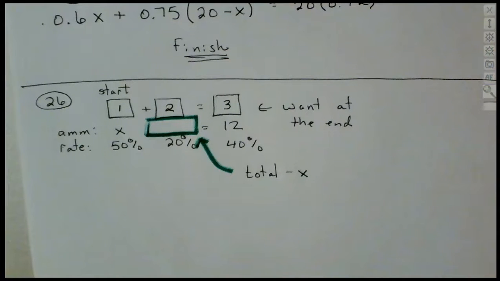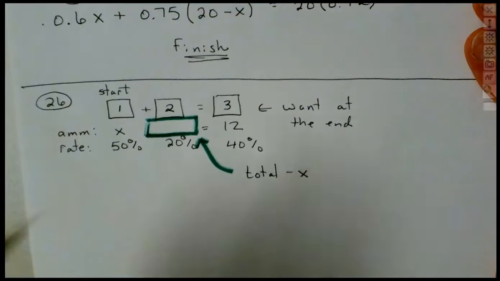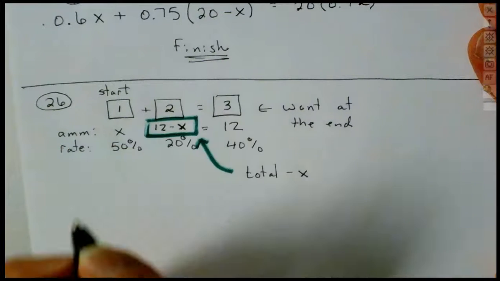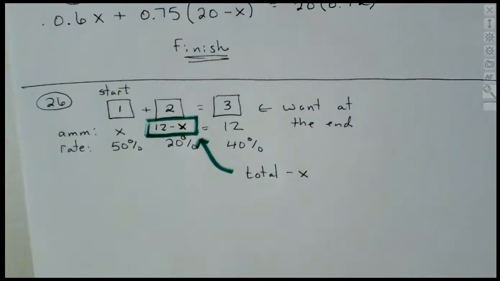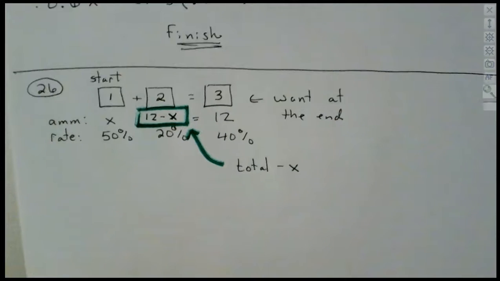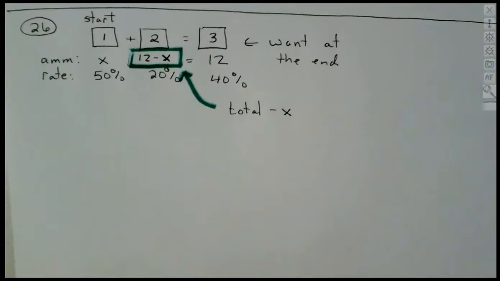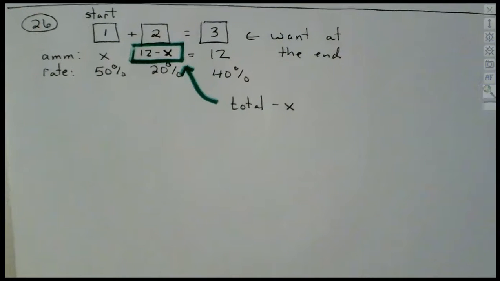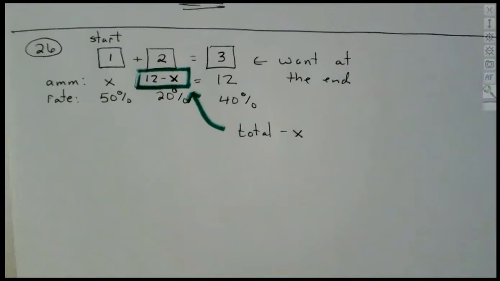Well, I want to end up with that 12 gallons. So this one is going to be 12 minus X there, because it's your total minus X. So that's what we're working with there.